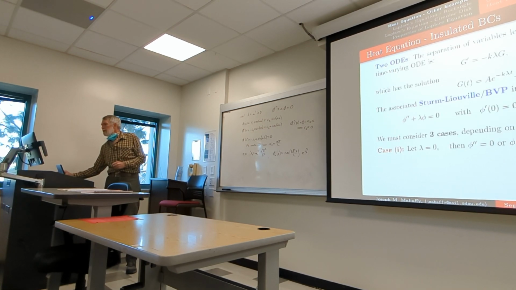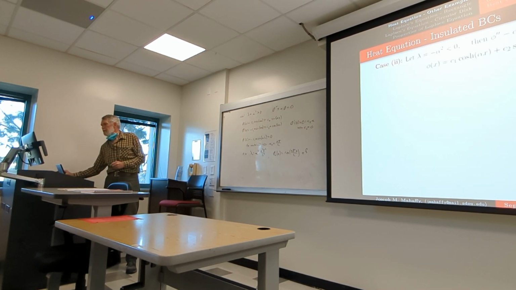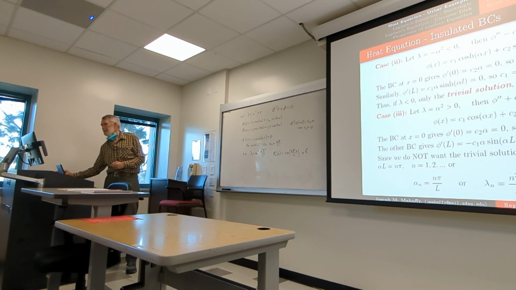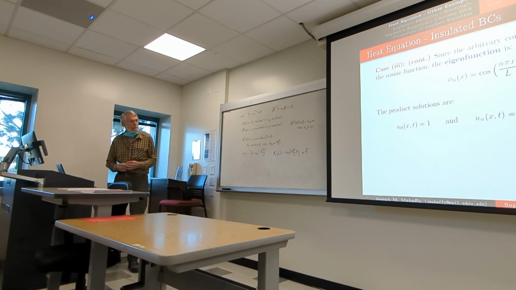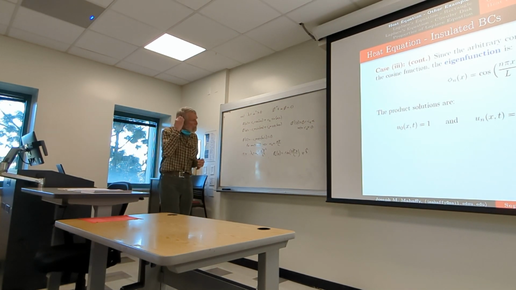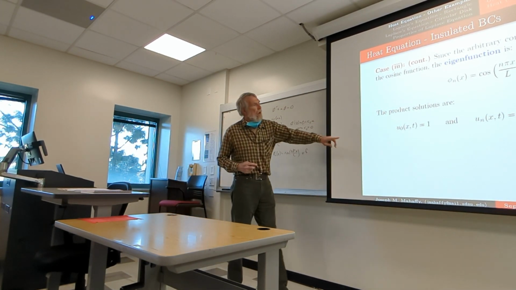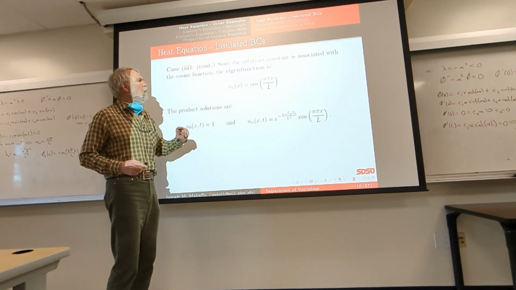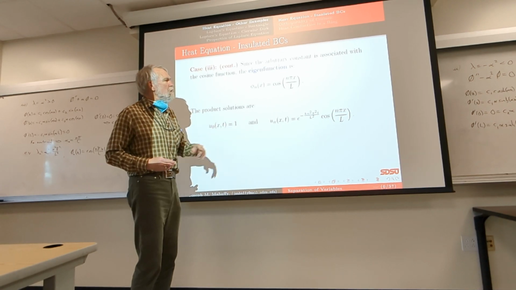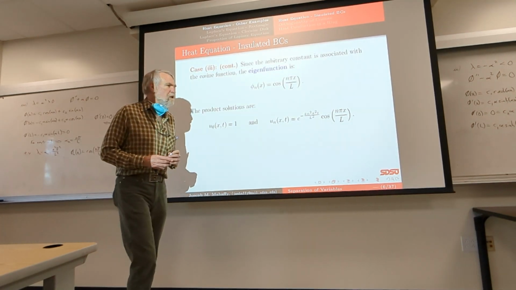Okay, so all of this is just going through all these different cases we just went through. All right, so there are my eigenfunctions. And so now, notice I have a phi 0 and a phi 1, phi n. And so now we can do our product solutions.